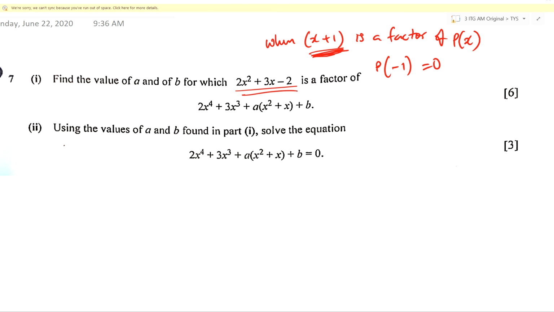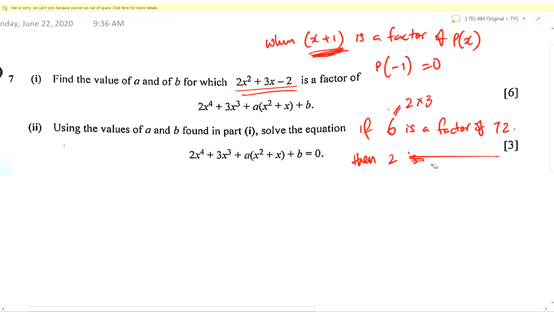The approach is that if, for example, 6 is a factor of, say, 72, then the factors of 6, where 6 is equal to 2 times 3, will also be factors of 72. Okay, this is how factors work. If 6 is a factor of 72, then 2 will be a factor of 72, because 2 is a factor of 6.